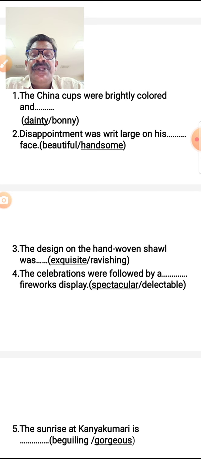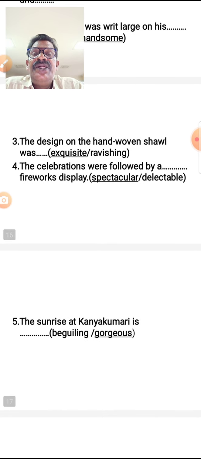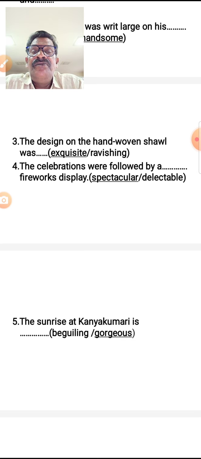Now, let us come to the third sentence. The design on the hand-woven shawl was exquisite. Exquisite it should be, not ravishing. Ravishing means something rough. Now let us come to the fourth sentence. The celebrations were followed by a fireworks display.